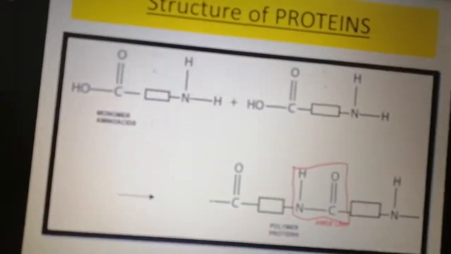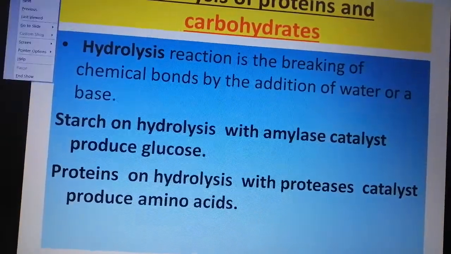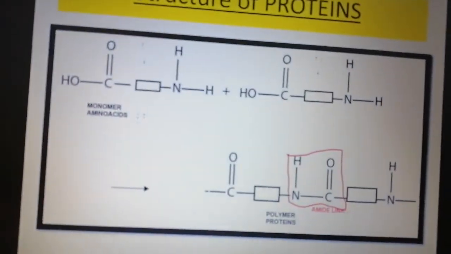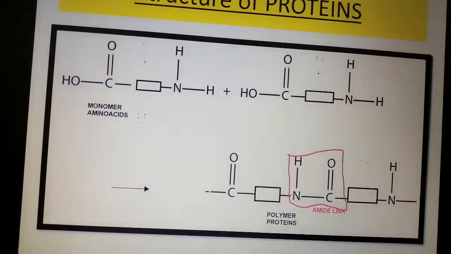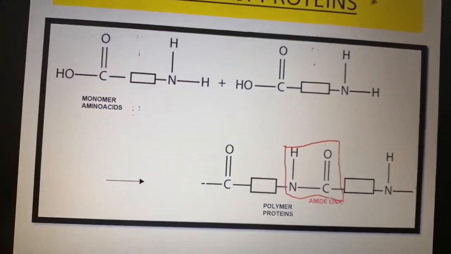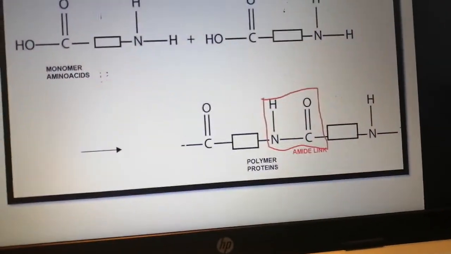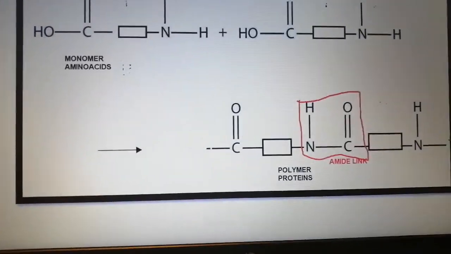So if I ask you to draw the structure of proteins, you have to draw this. If you check this structure, you can see there is a big similarity, it is the same structure as nylon.